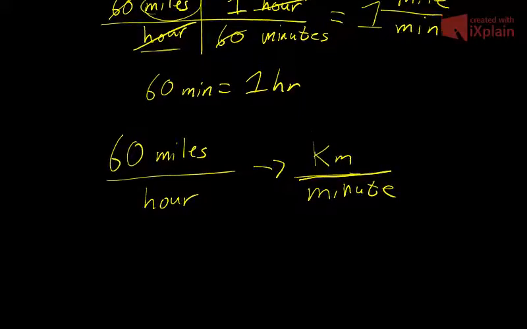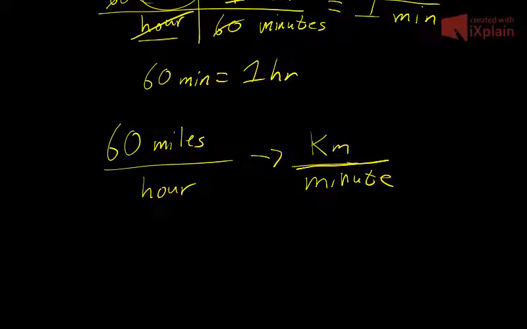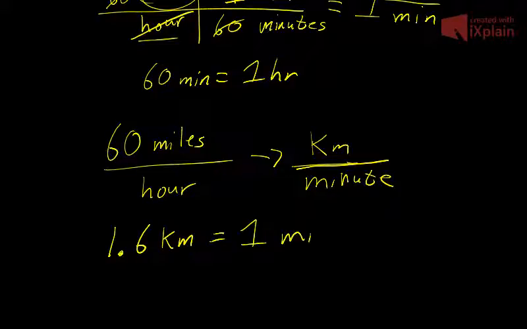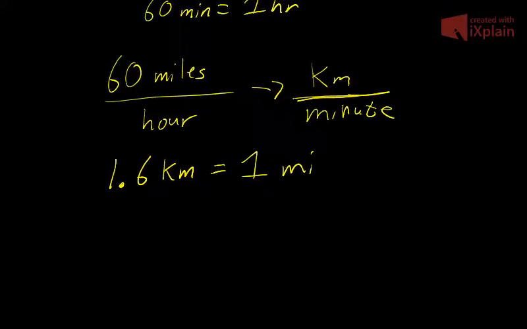So for this, I'm going to need two different things. My relationship between miles to kilometers, because I want to get from miles to kilometers there. And I can tell you that 1.6 kilometers is going to be equal to 1 mile. And we still need to know our relationship between hours and minutes, so 60 minutes equals 1 hour.